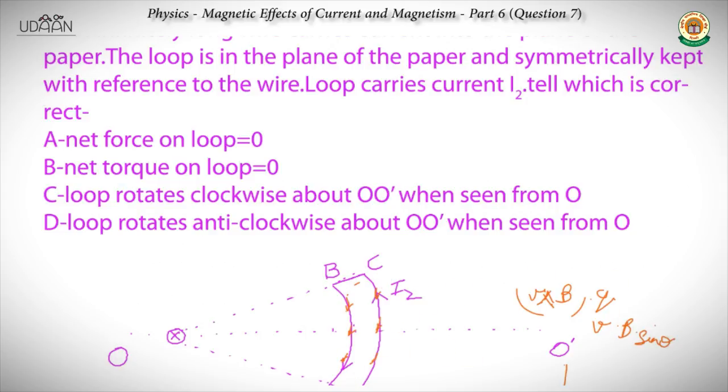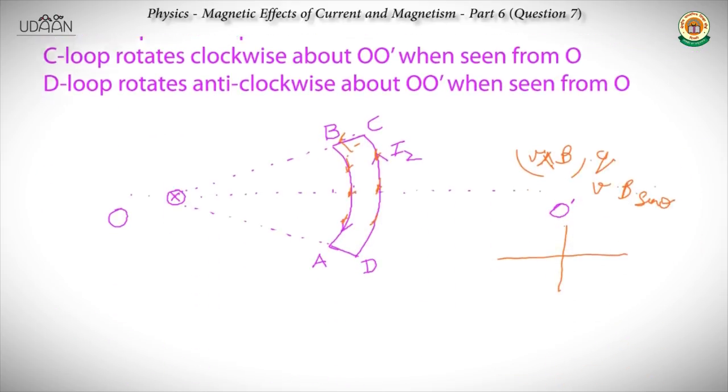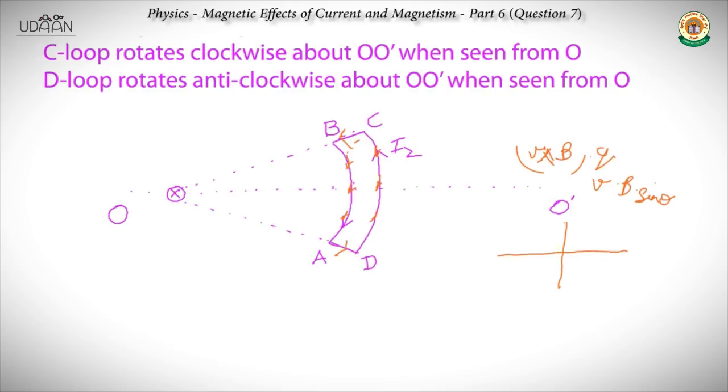Now let's consider BC and AD. For BC the current is going here, and for AD the current is going here. Let's look at the direction of the magnetic field. Because in BA it was in the direction of BA, the magnetic field will be perpendicular like this for BC, and like this for AD.